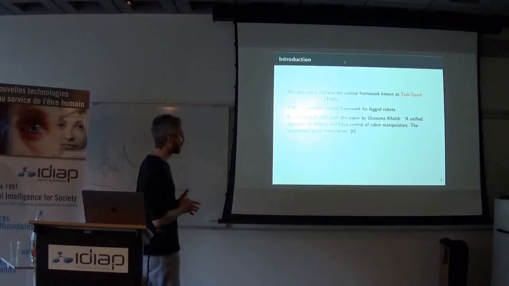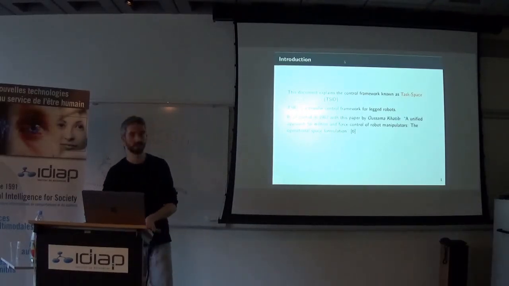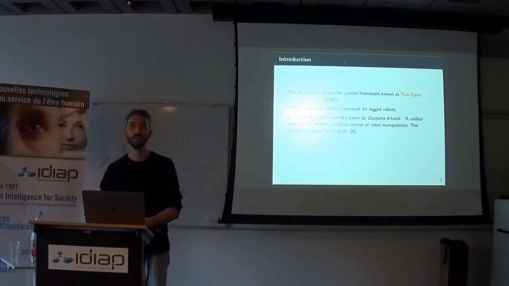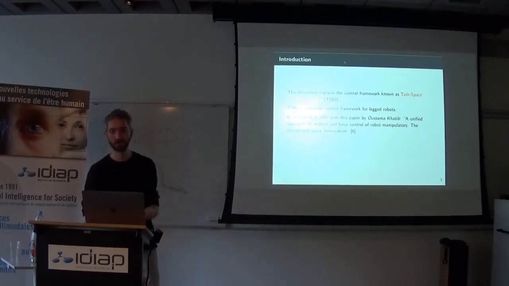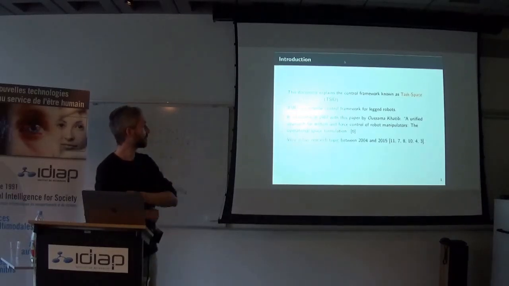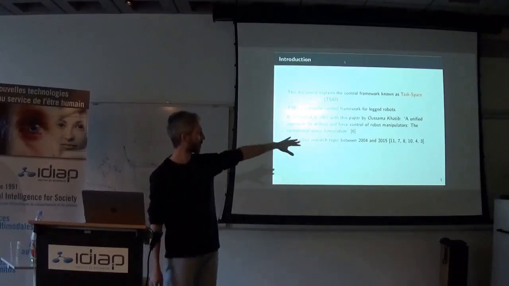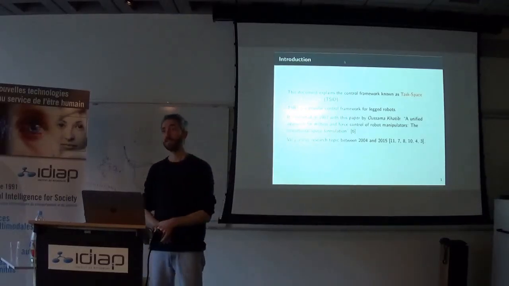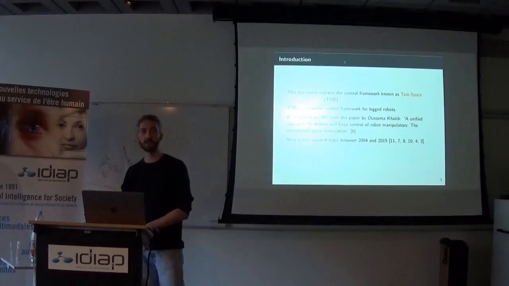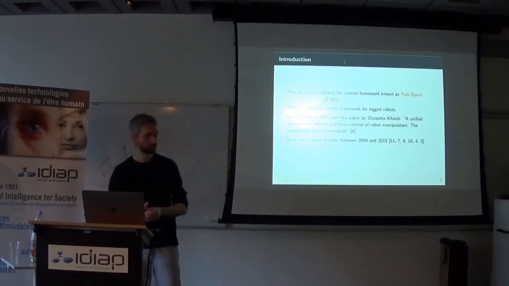So everything started in '87 with a paper by Oussama Khatib, which is very well known in our community, which is called the operational space formulation. And then this became a very active research topic, especially between 2004 and 2015. There have been plenty of papers discussing different ways of doing TSID.